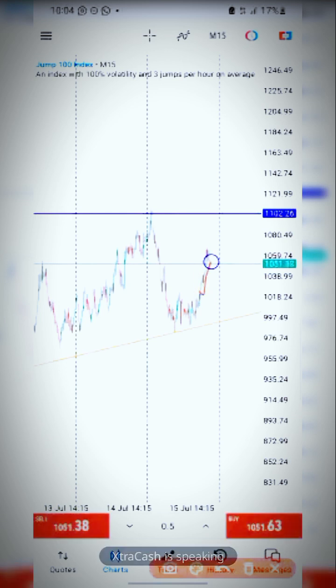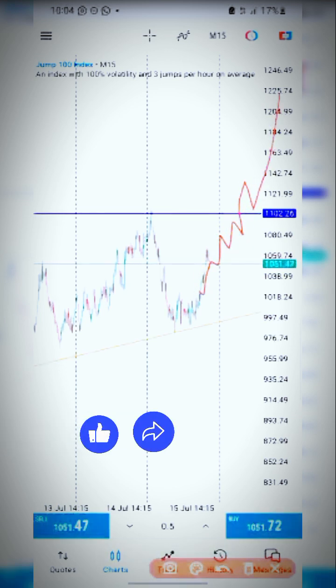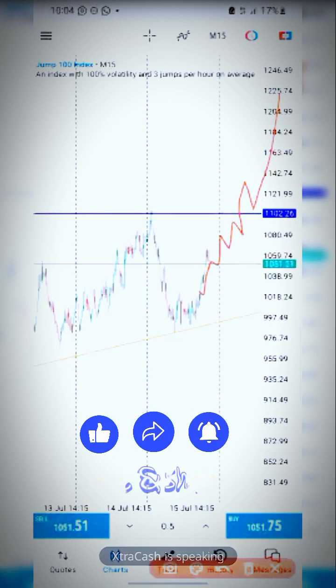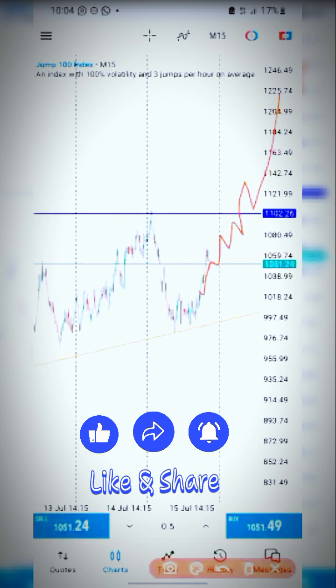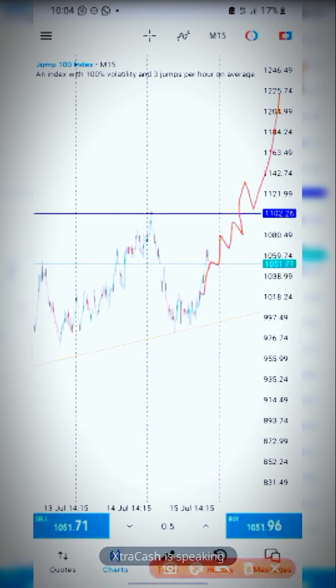This market is buying. It is on a bullish trend. Okay? It is on a bullish trend. So it's easier for you to spot out any buy opportunity here.